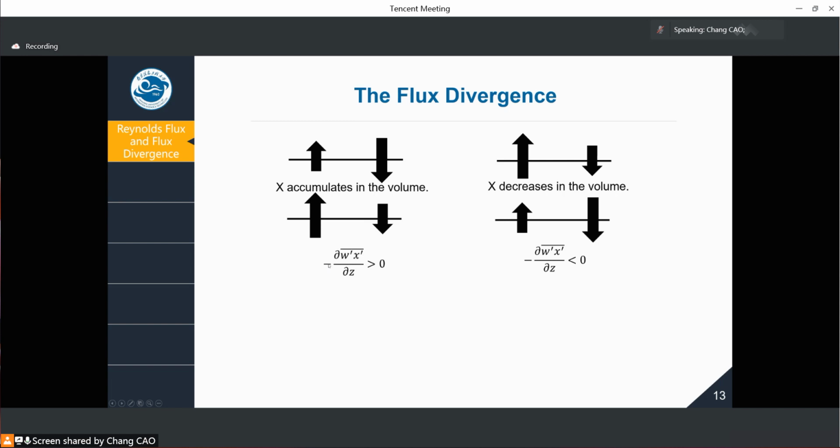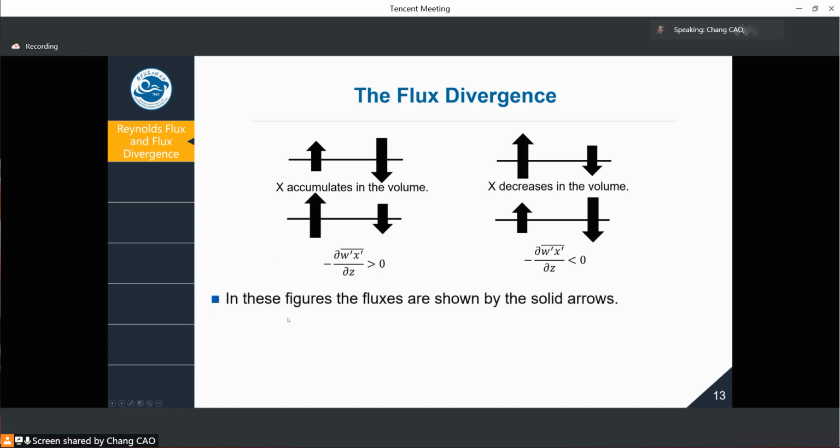Please remember that we will add a minus sign here. So this is flux divergence, and sometimes it will be bigger than 0, but sometimes it will be smaller than 0. Let's look at each condition one by one. Here, there's something that first you need to understand.